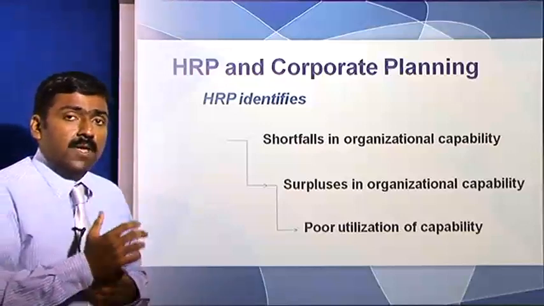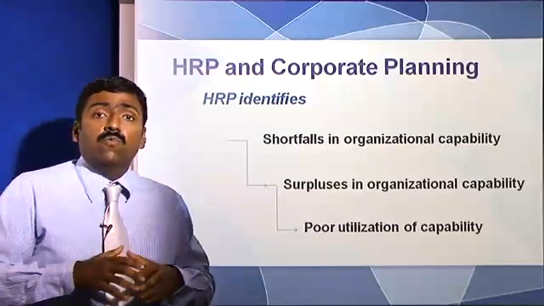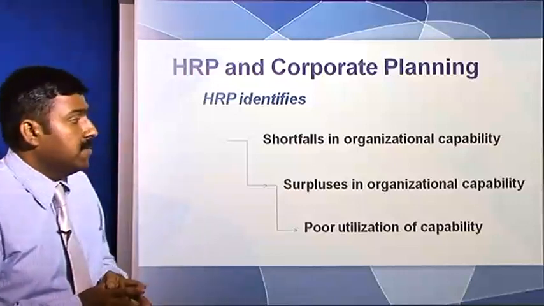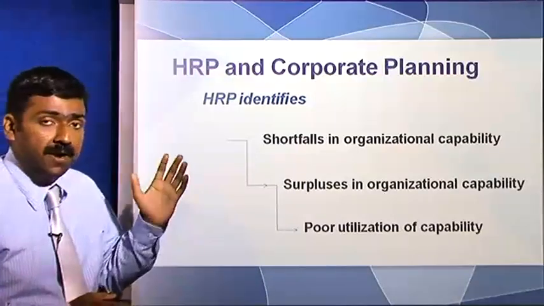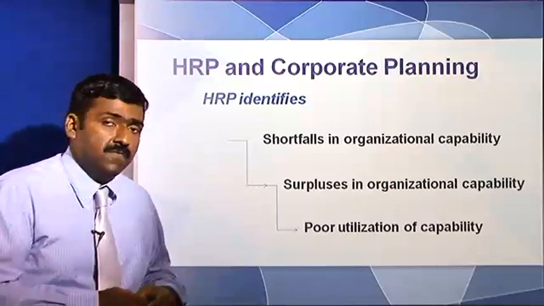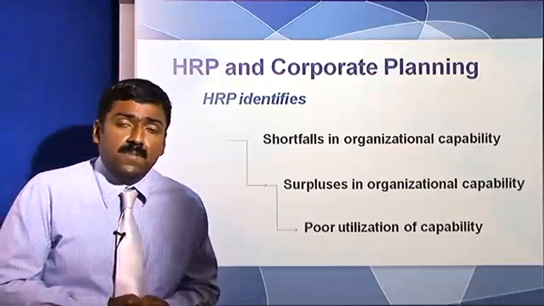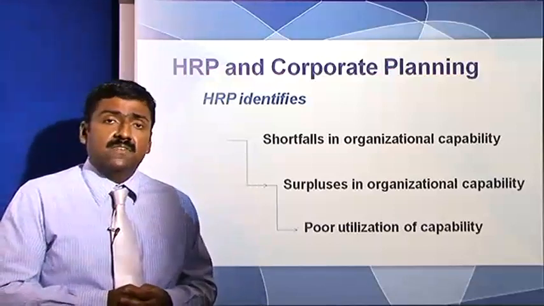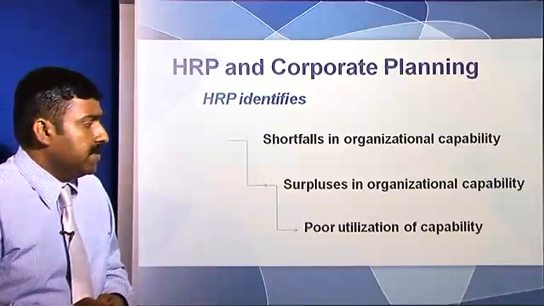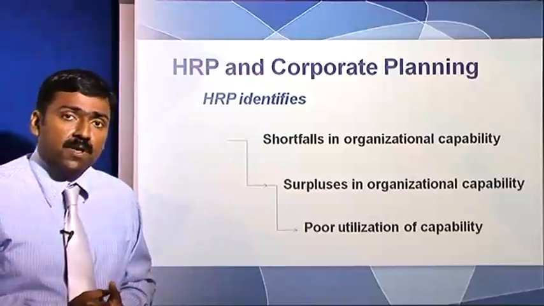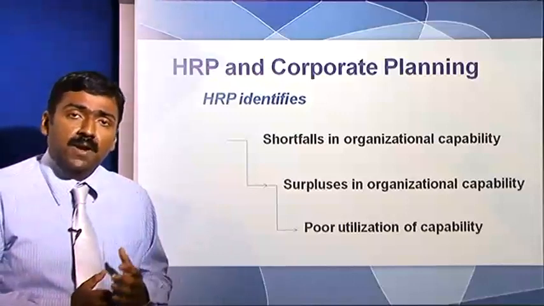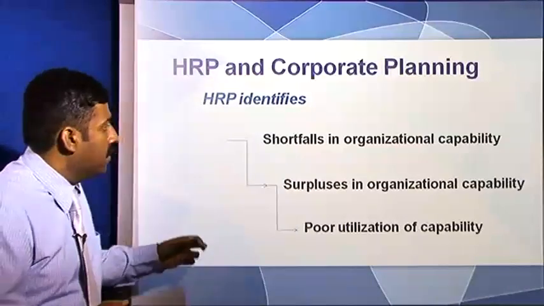So how can these be moved forward, taking the best advantage of the situation? So surpluses in organizational capability are identified through human resource planning. To borrow from the second point, poor utilization of capability, there is nothing worse than underutilizing or poorly utilizing a resource. So HRP identifies the poor utilization of capability so that adequate measures can be formulated and implemented.